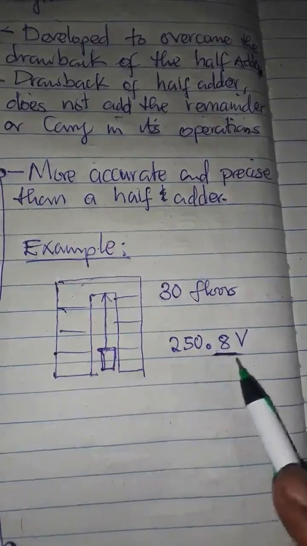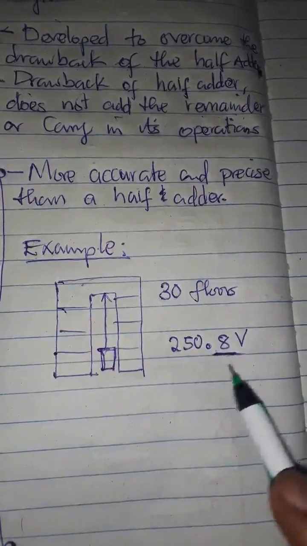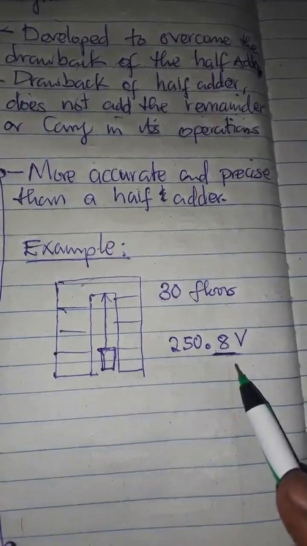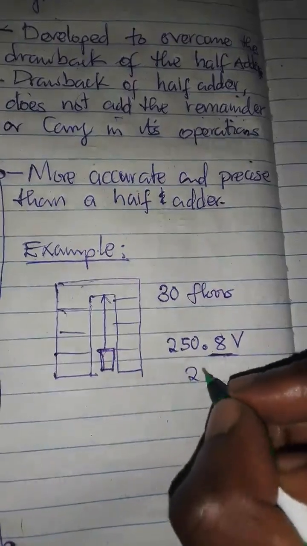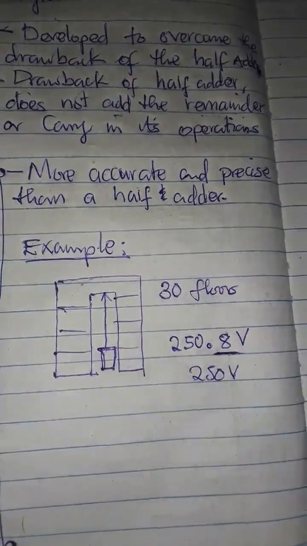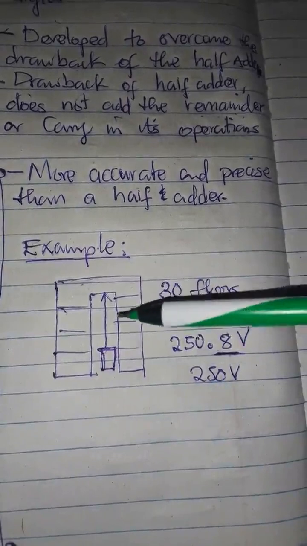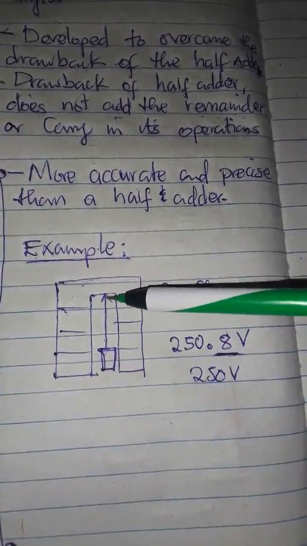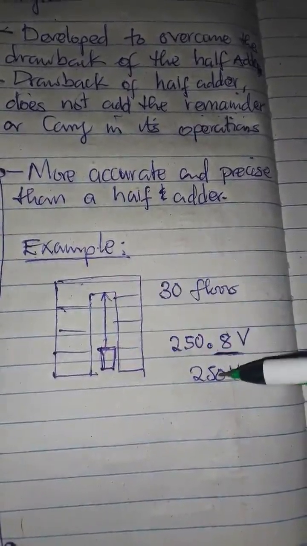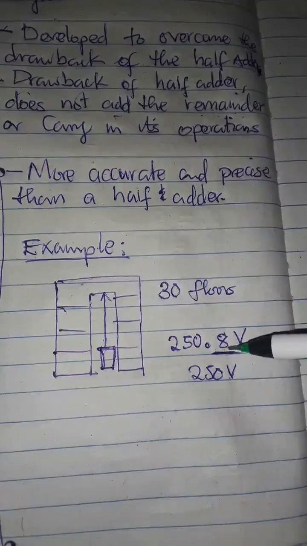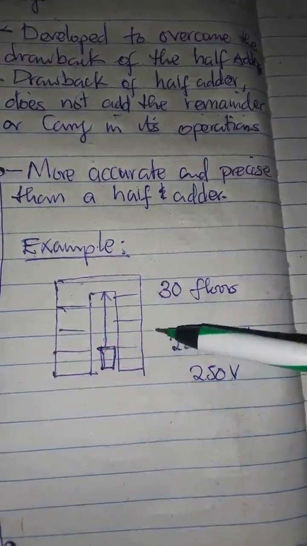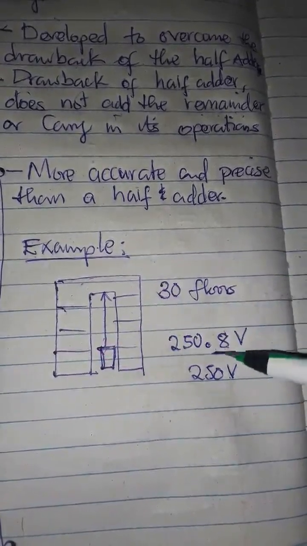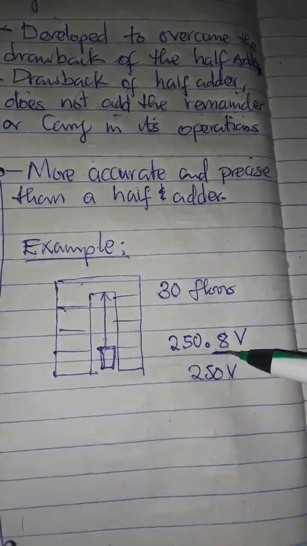So if you're using a half adder, you can only have access to 250 volts. Meanwhile, for optimum movement, the elevator needs about 250.80 volts. So with a half adder, this elevator cannot move at its optimum speed because these units are left out.